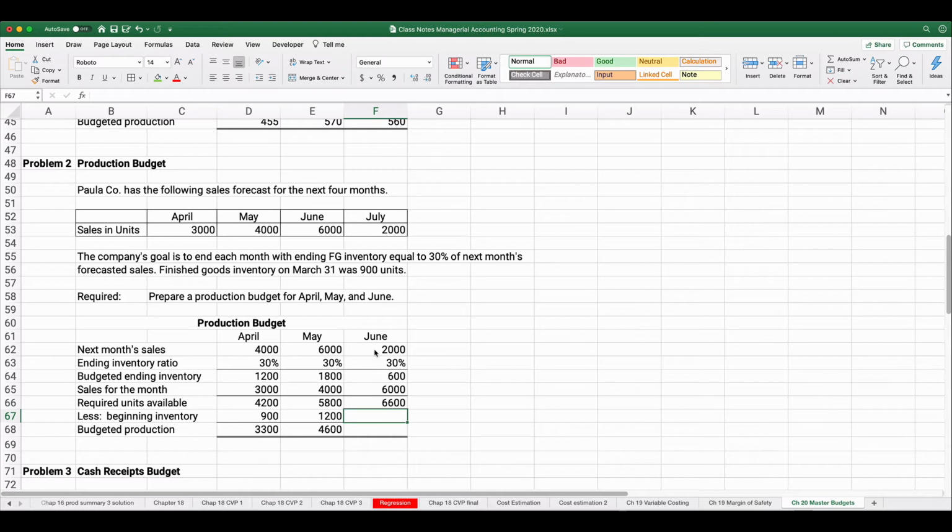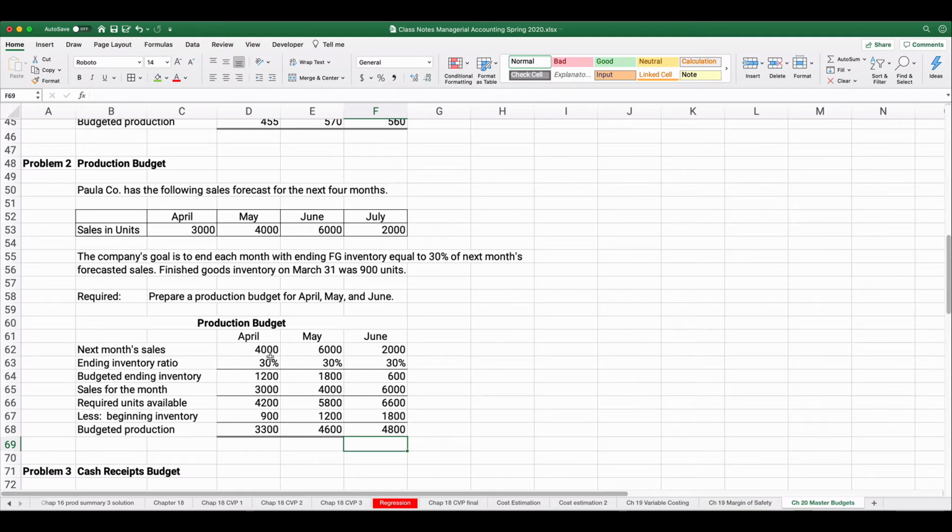We need 6,600. Our beginning inventory is the May's ending inventory, which is 1,800. So we need to produce 6,600 minus what we already have on hand, 1,800. We need to produce 4,800 for the production.